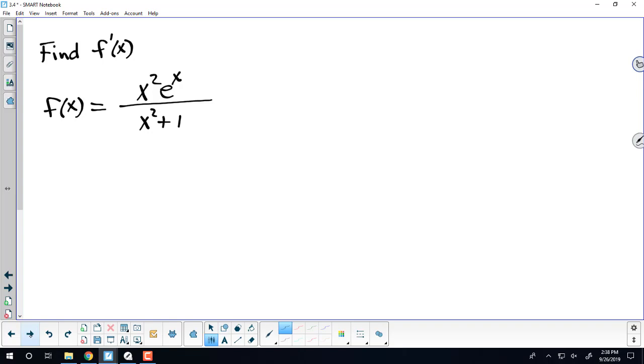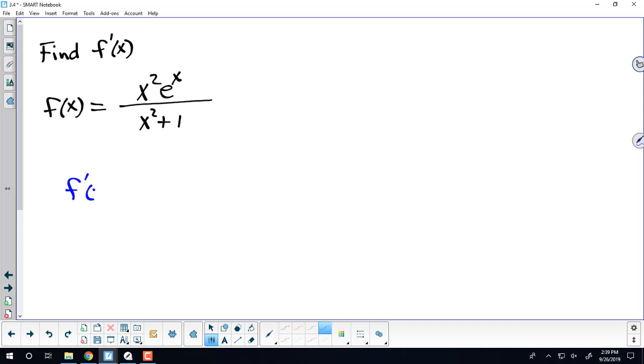If I look at this function and say, well, I'm overwhelmed because I see a product in the top and just a function on the bottom, right? We have to look at the overall structure of the function to determine what derivative rule to apply first. Since this function consists of a quotient, we have to apply the quotient rule first. You can't just take the product rule on top, right? So we have to apply the quotient rule to take the derivative.